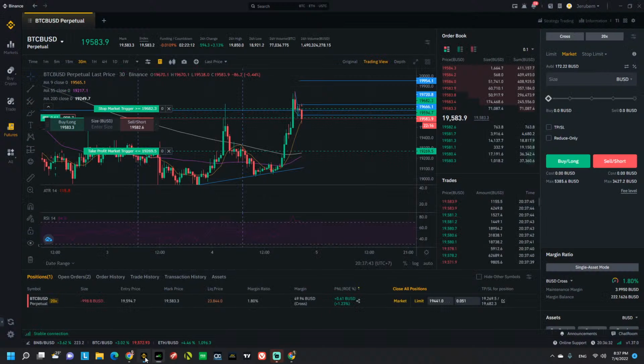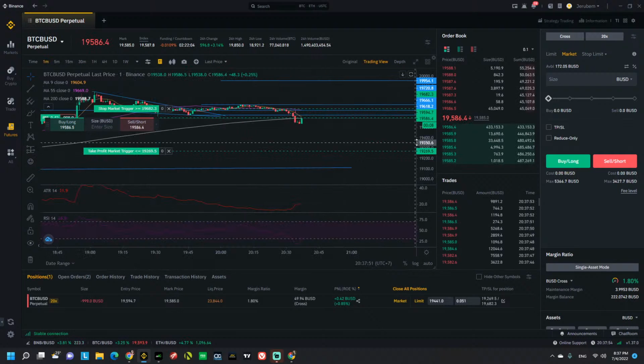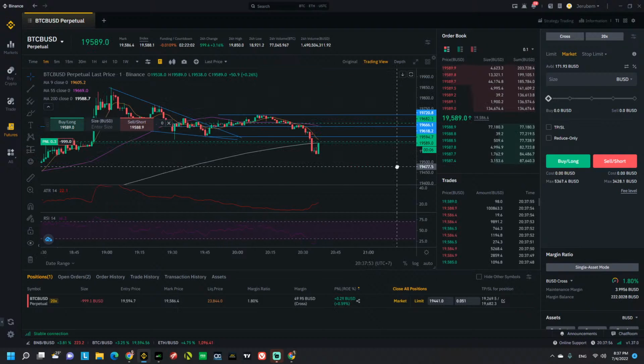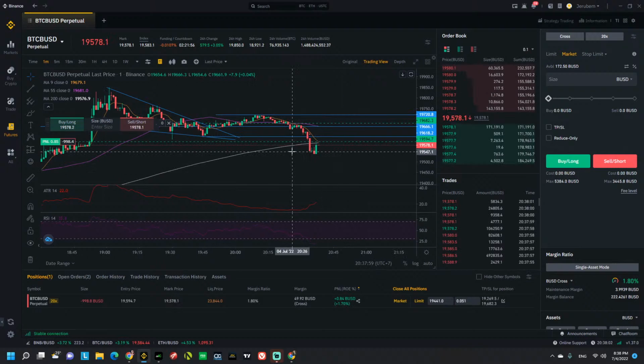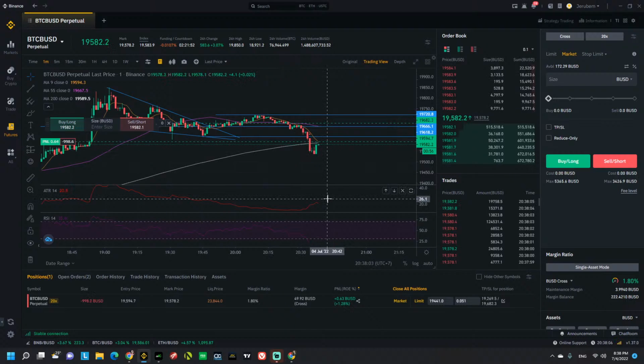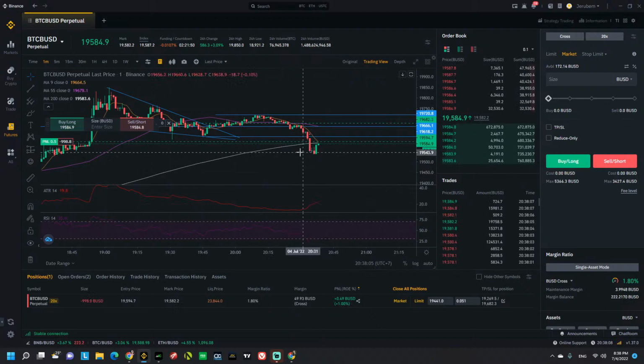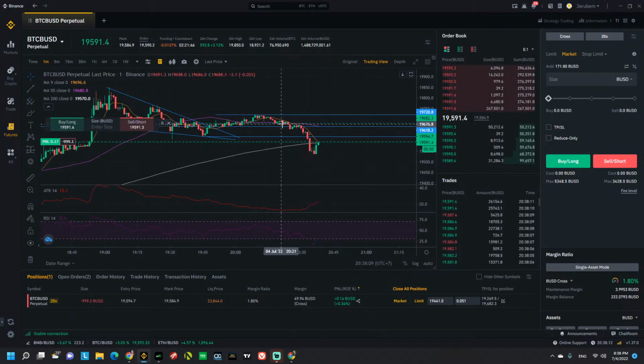Let's see, crypto. Crypto went back up. So unless this becomes resistance, okay, this one can move down because these are already turning. It's already turning.